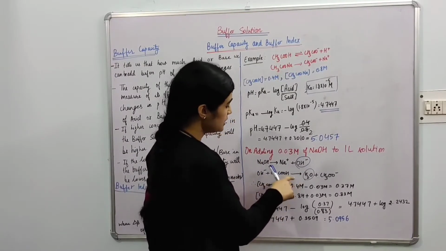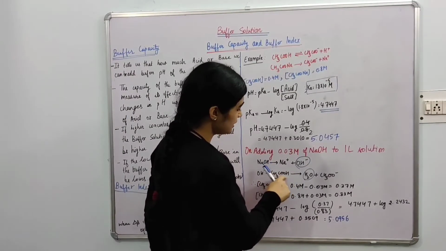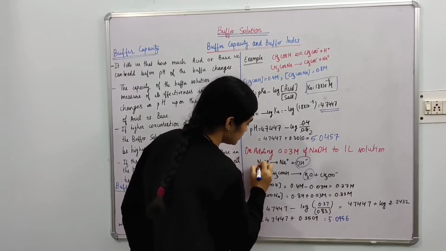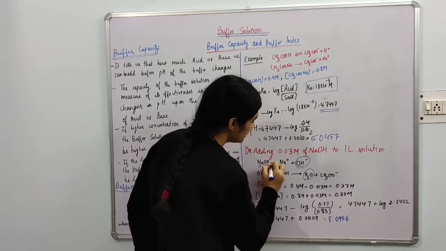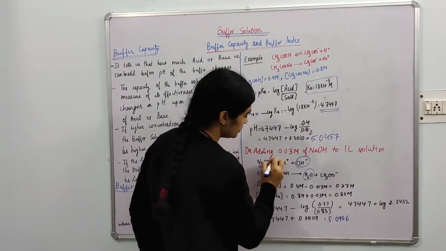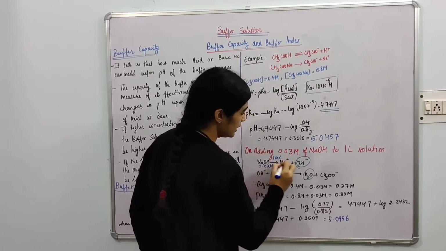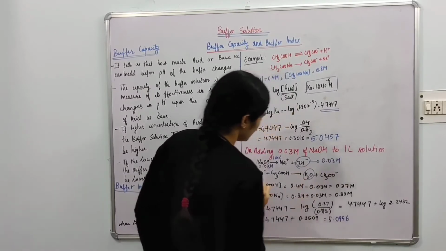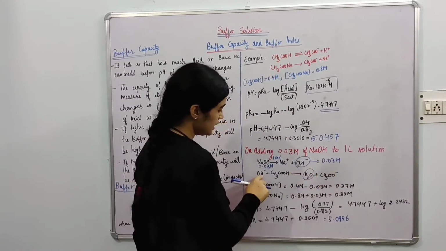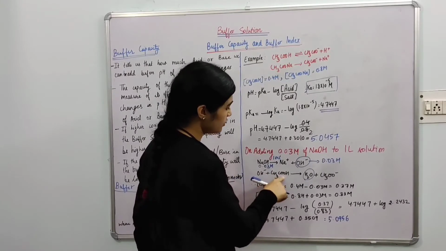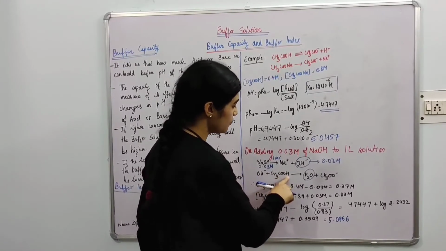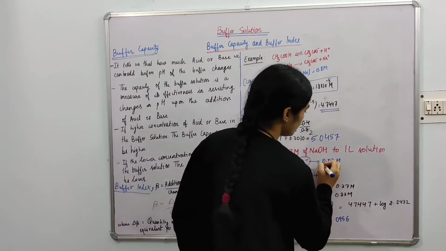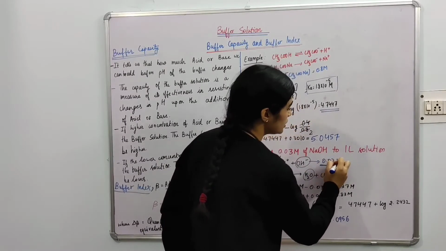So we'll see on addition of NaOH how much change in our pH is happening. We know the concentration of NaOH is 0.03 molar, and because 100% dissociation is happening here, the concentration of OH negative is 0.03 molar. 1 mole of OH negative reacts with 1 mole of CH3COOH. Therefore, the amount of CH3COOH consumed is also 0.03 molar.